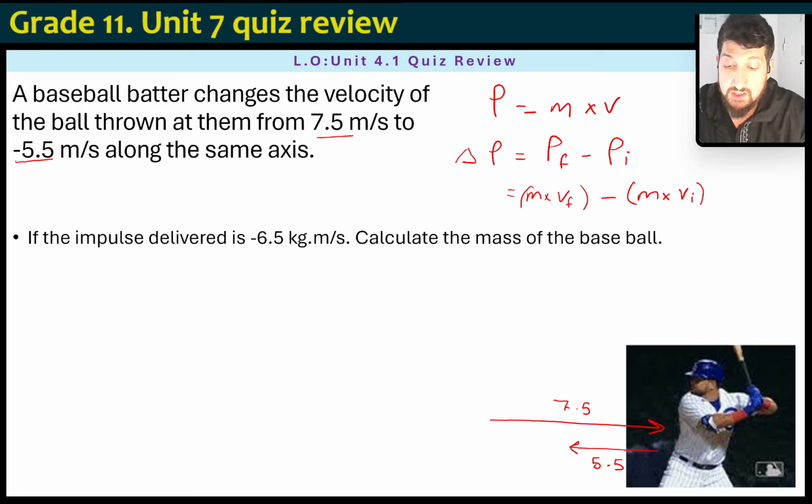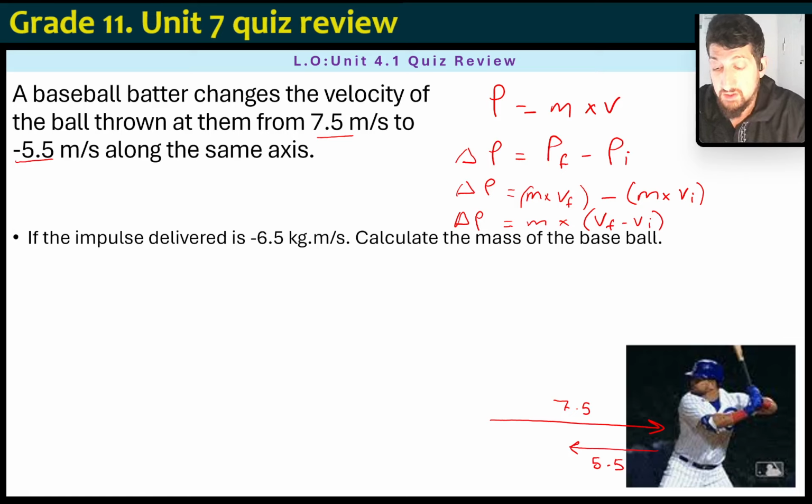Remember, the mass hasn't changed. So with that in mind, we can rearrange this formula and it will give us mass times Vf minus Vi, and that equals change in momentum. So we can use this formula here.